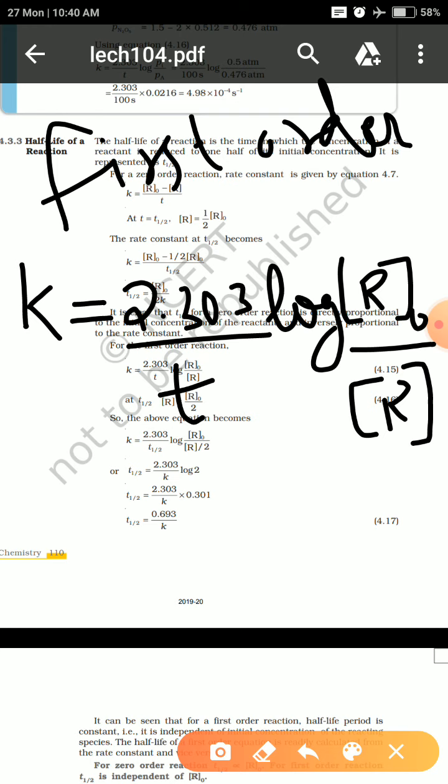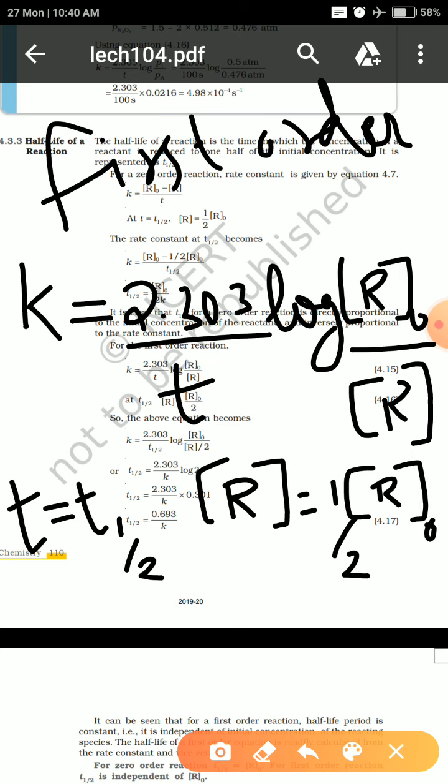In the same way that we did previously for the zero order reaction, we will take T as T half, and also we will take R as 1 by 2 R0.